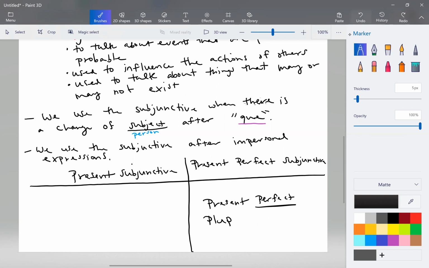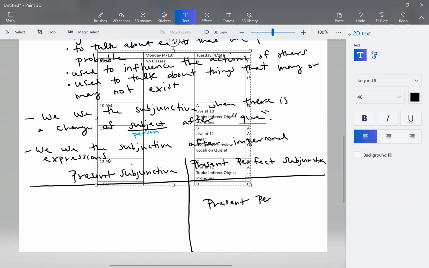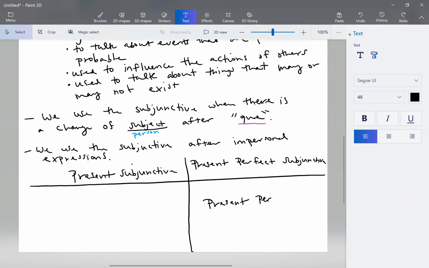Okay. So we're just going to talk about the subjunctive today. Okay. So the present subjunctive, how do we form it?